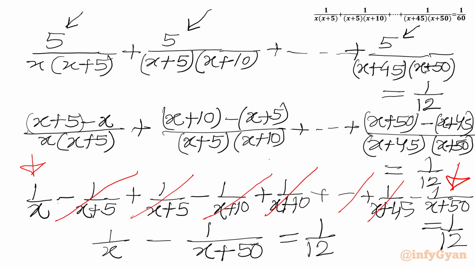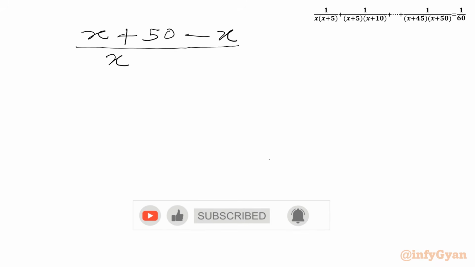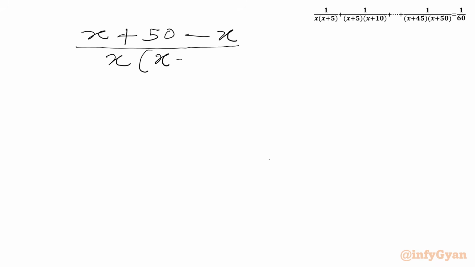Now we will take LCM. So we can write x plus 50 minus x over x times x plus 50 equal to 1 over 12. x minus x will get cancelled out.